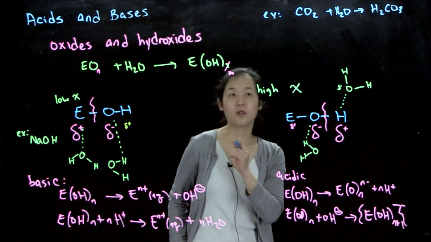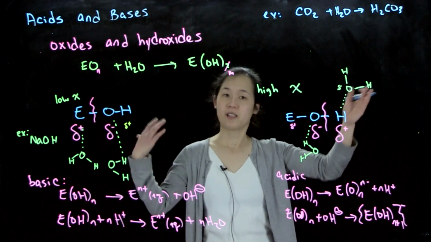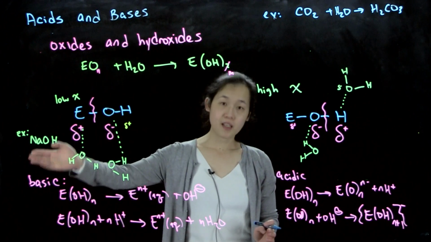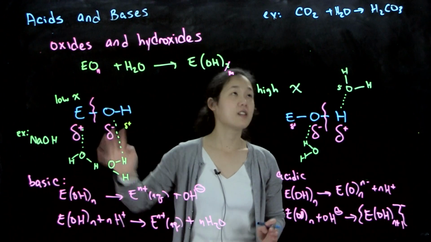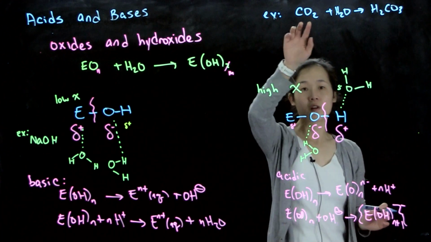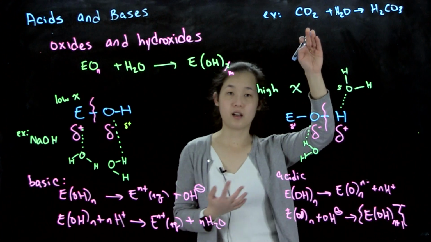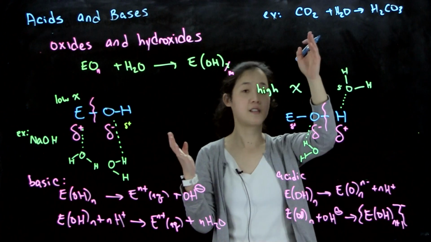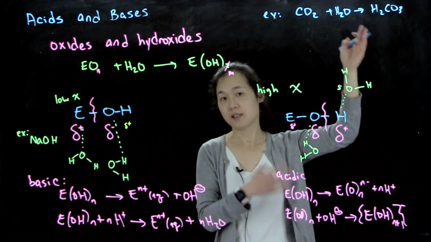Okay, so that's high electronegativity. These are the two opposite ends. If we have very low electronegativity, or basic ionic, over here, CO2, of course, is covalent molecular. That just has to do with what we were talking about before with electronegativity differences. And in water, this is acidic.